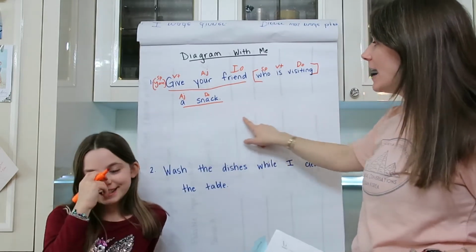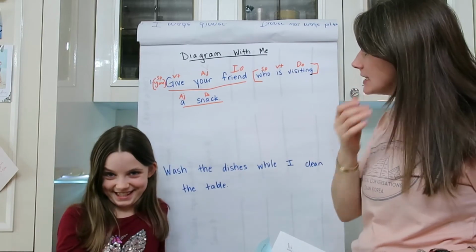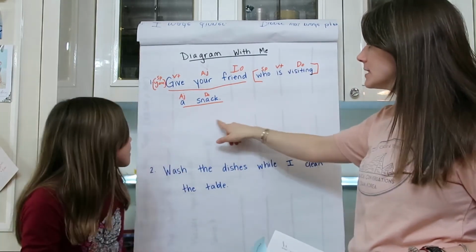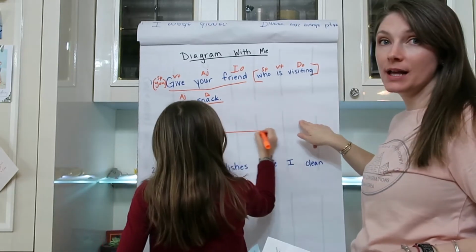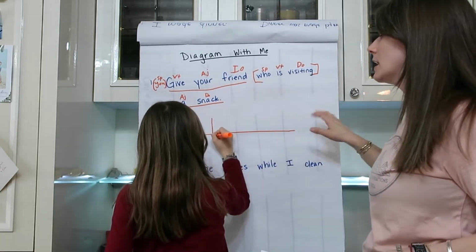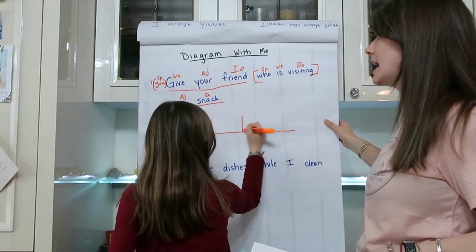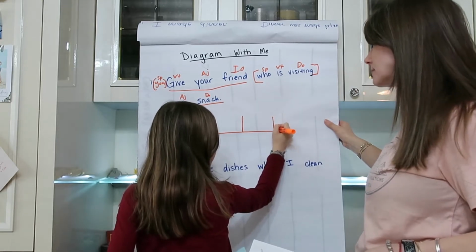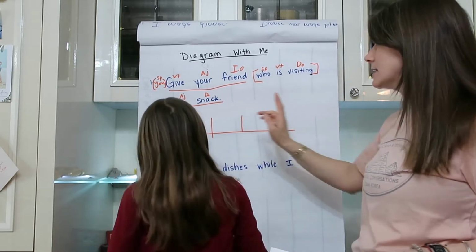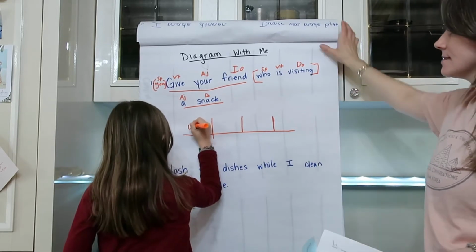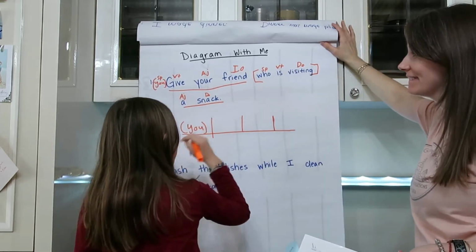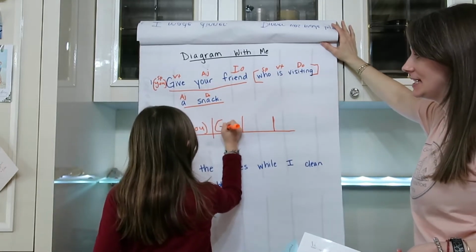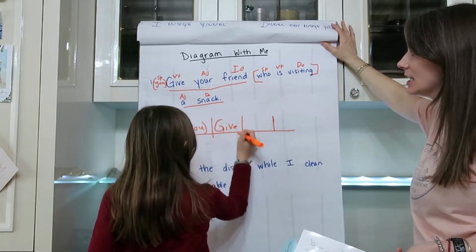Okay, so Lily, go ahead and start diagramming this sentence. Diagram the sentence. We're going to have our independent clause on the top line, and it's going to be SVTIODO. Okay, good. So what is our S? You. Give. Yep. You. Maintaining capitalization. Very good.